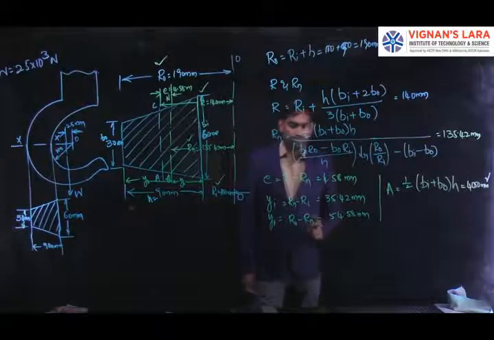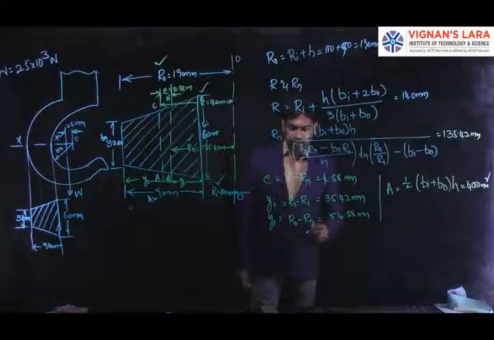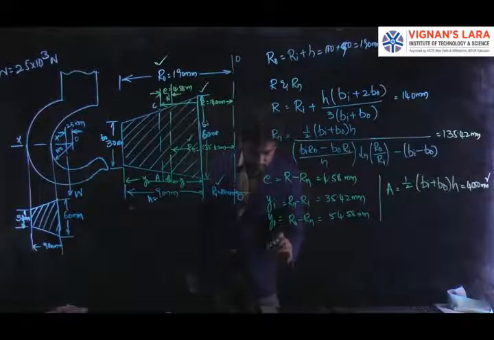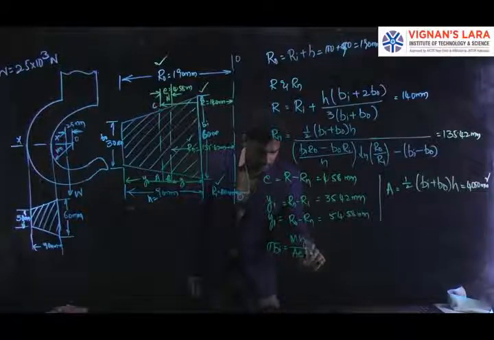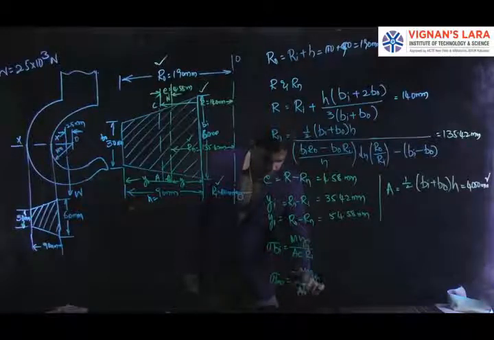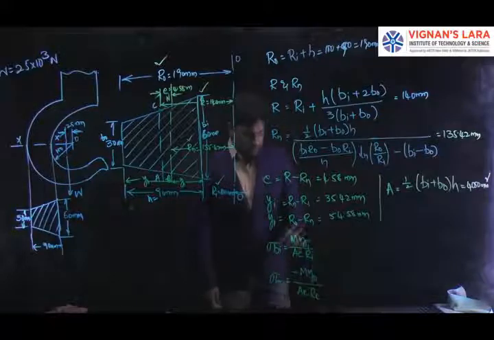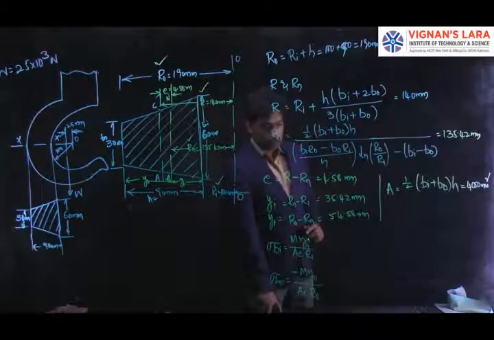After finding all the values, we can go through the stresses, that is the bending stress induced at the inner and outer fibers, by the equation sigma bi equal to M into yi by A into e into Ri, and sigma b naught is minus M y naught by A into e into R naught. But here the moment is unknown, so we need to find the moment.